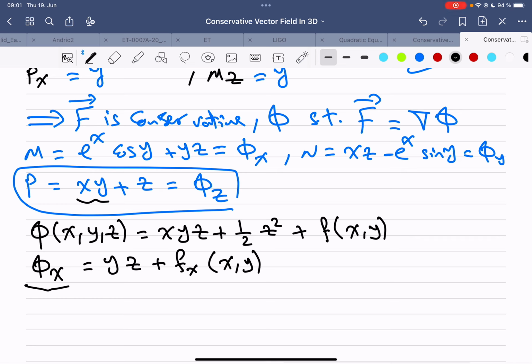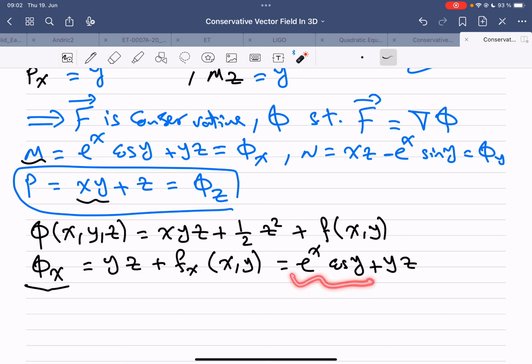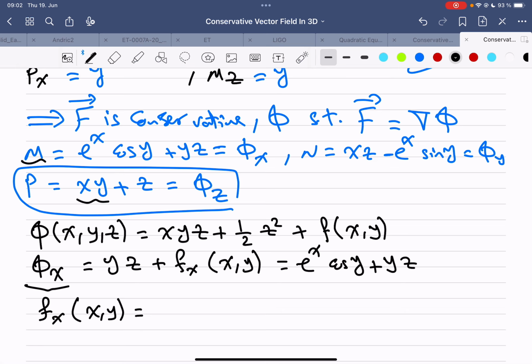Now this phi x is equal to m, which is e to the power x cosine y plus yz. From here we can deduce that f x is equal to e to the power x cosine y. So f x of x y equals e to the power x cosine y.